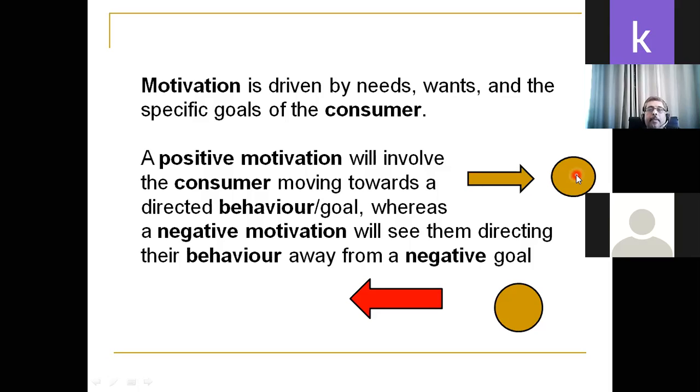So when a consumer thinks of buying something, two things can happen, friends. One, you can be positively motivated. Whatever happens, I will buy it, I will take it no matter what.